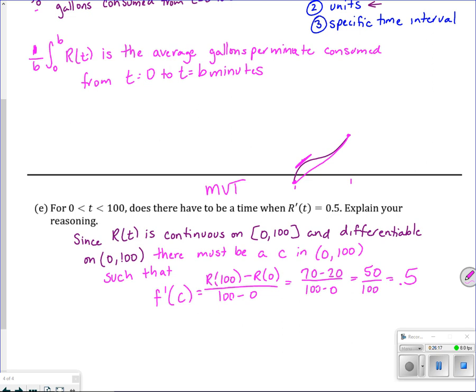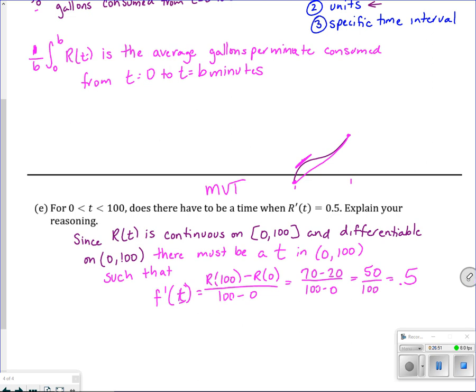So it says there must be a value. Now notice I did it this way because I was kind of stating the mean value theorem. So I'd probably restate, because that says for t being 0 to 100, I could certainly change those to t's. And that'd probably be the fastest thing to do. I need to have the variables match up. There must be a t in 0 to 100 such that f prime of t is that.